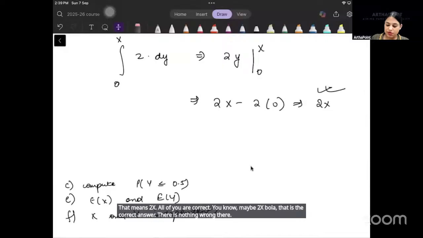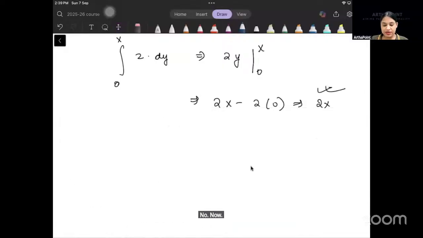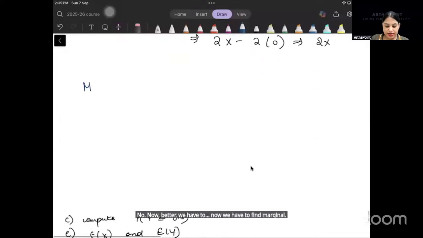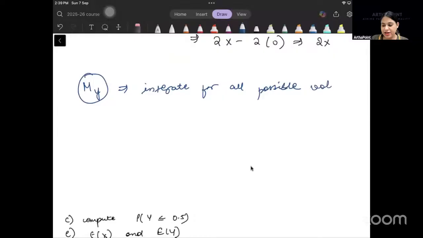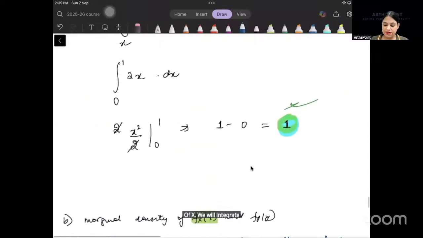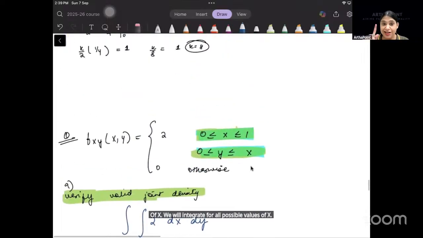Now beta, we have to find marginal density function of y. So for this we will integrate for all possible values of x. Here, pay very close attention and tell me one thing. What is the rule I gave you?